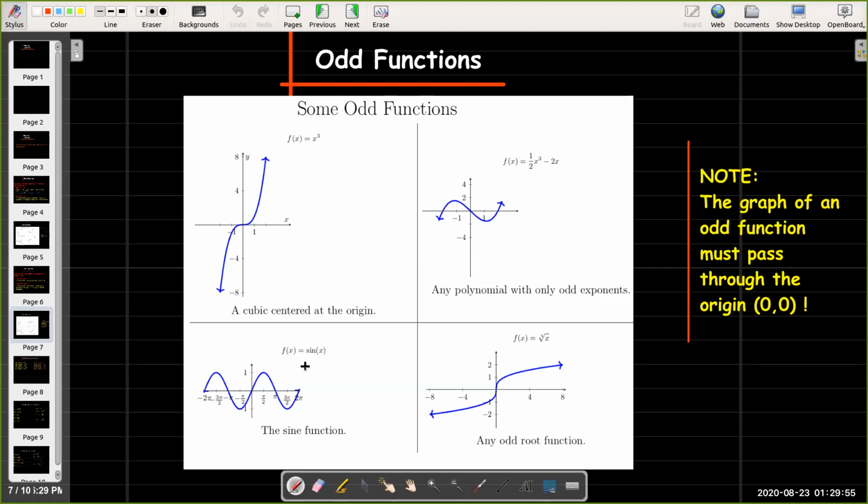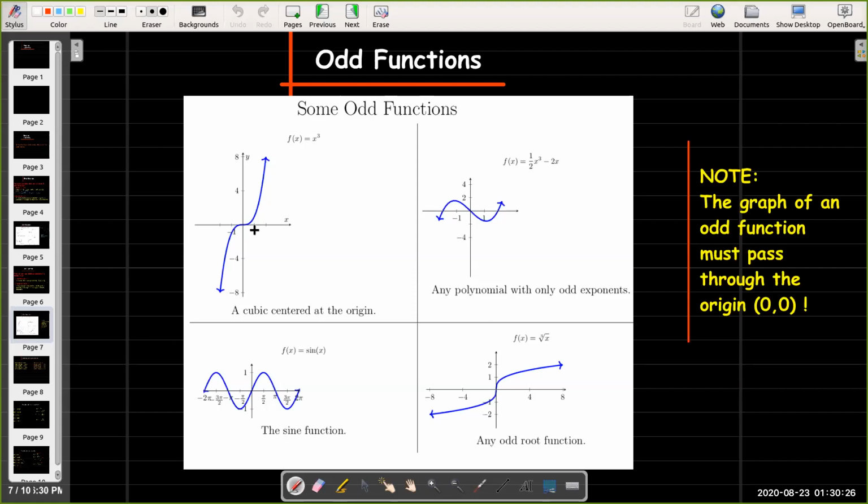And then if we look at radical functions whose indices are odd, they will be odd functions as well. So by an odd index, I mean we would have a cube root or a fifth root or a seventh root. Those are radical functions with odd indices, and they are odd functions.